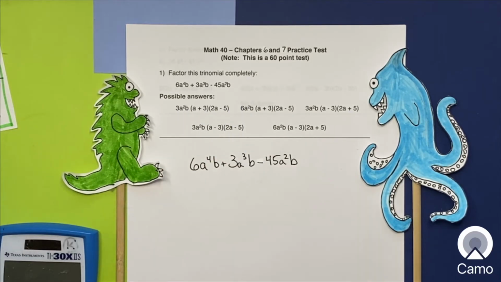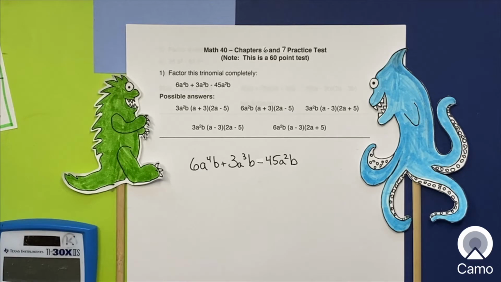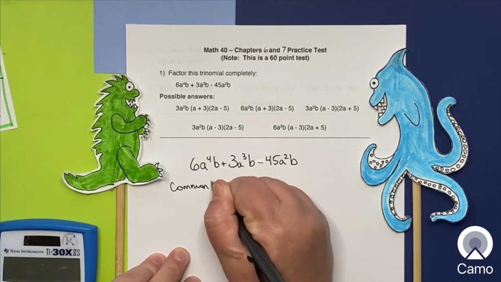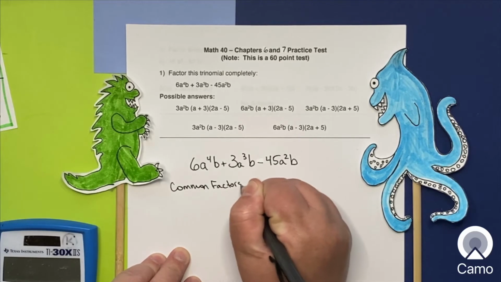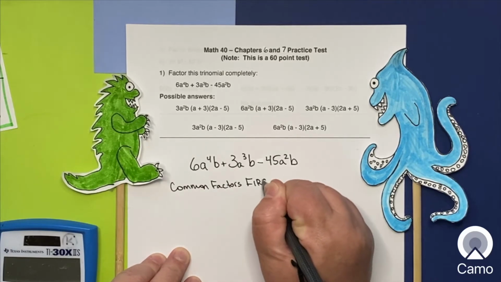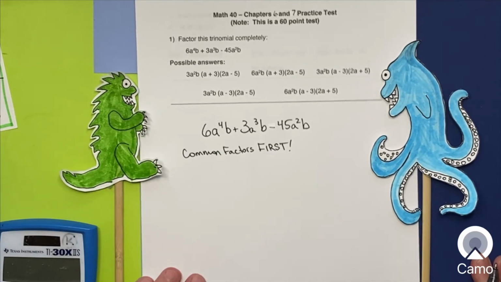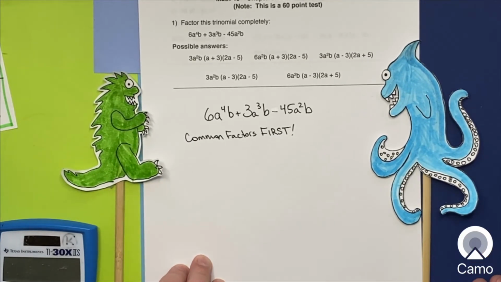So I copied it down correctly. Now, remember that when you're factoring, you want to factor out common factors first. So the trick here is to figure out what the common factors are.